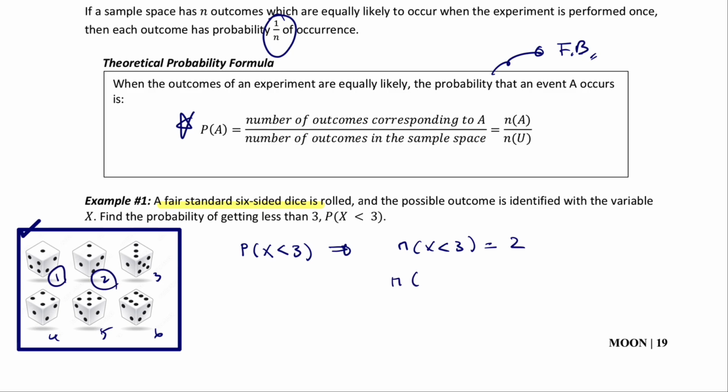And the total number of outcomes in this sample space is 6. So the probability of getting an outcome less than 3 is equal to 2 over 6, or 1 over 3. With this probability concept, what you need to remember is you always have to present your answers in the lowest terms possible.